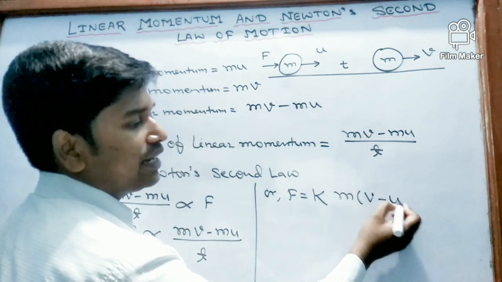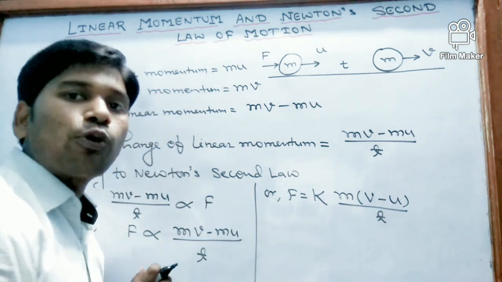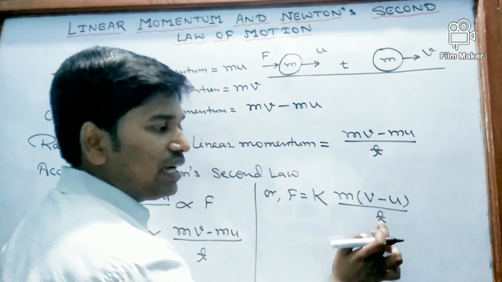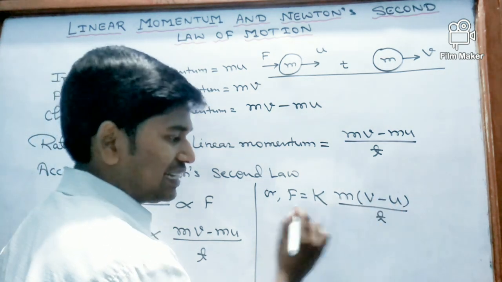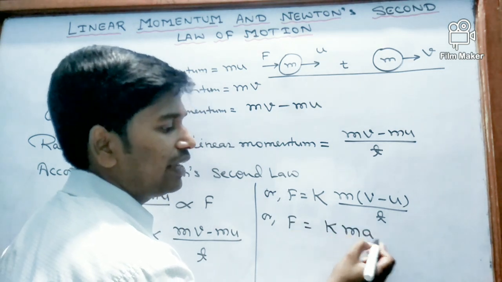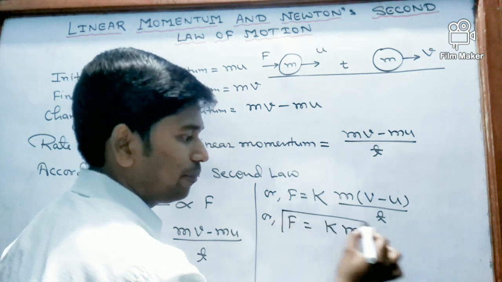So we can write k m (v minus u) by t, where k is a proportionality constant. We know (v minus u) by t is acceleration, so we can write F is equal to kma, where (v minus u) by t is called the acceleration of the body.